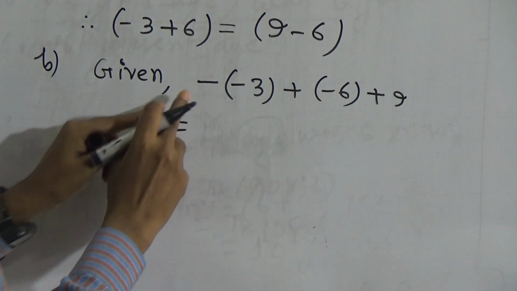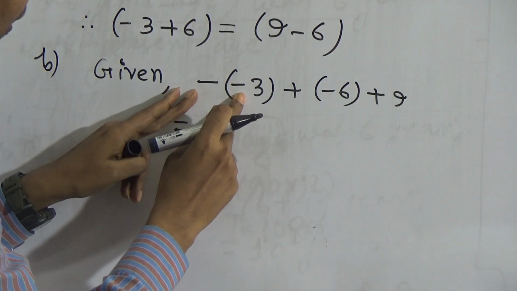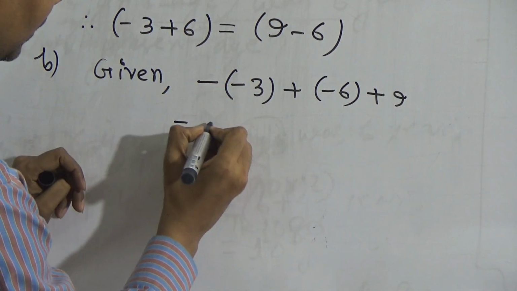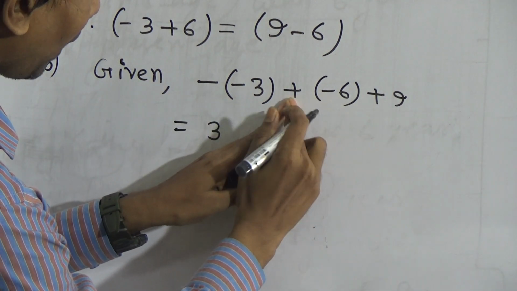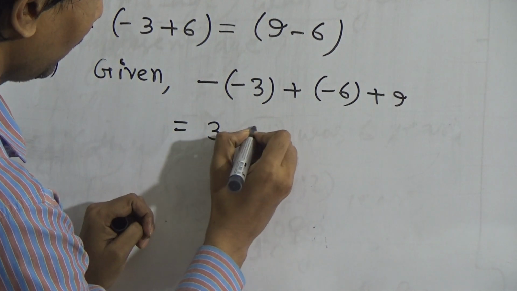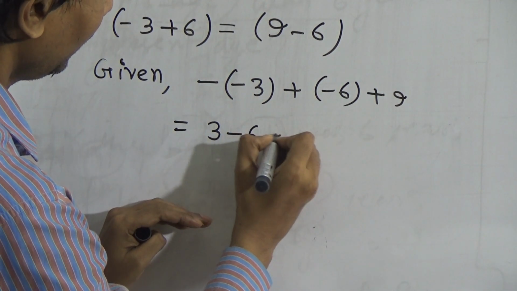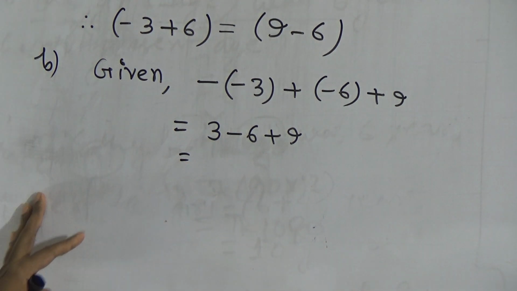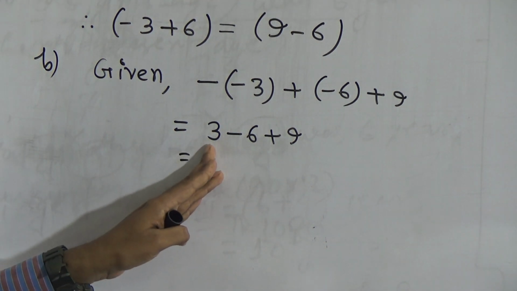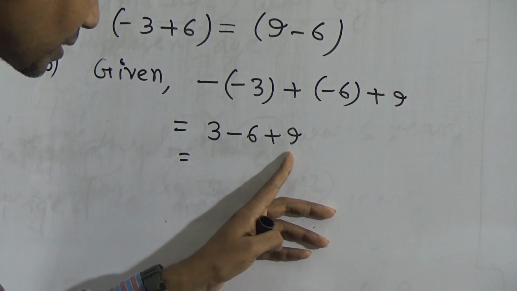Look, minus and this minus, plus, that means 3, plus and minus, plus minus minus, right here minus, plus 9. Now you see, this is the plus 3 and this is the plus 9.